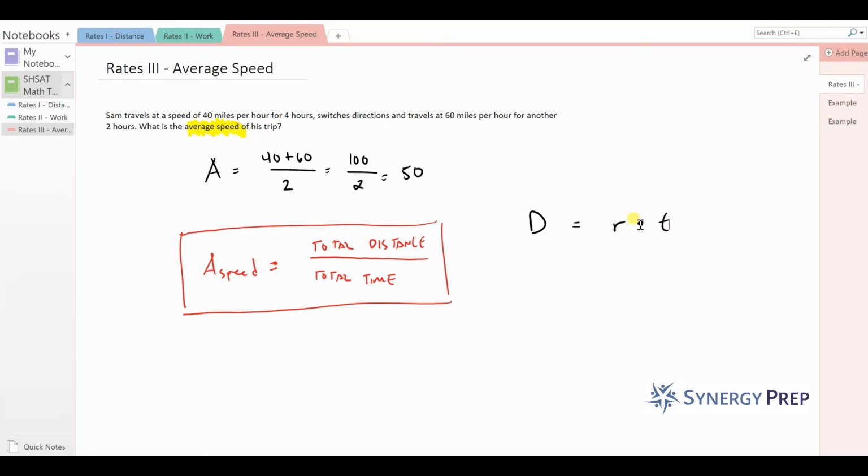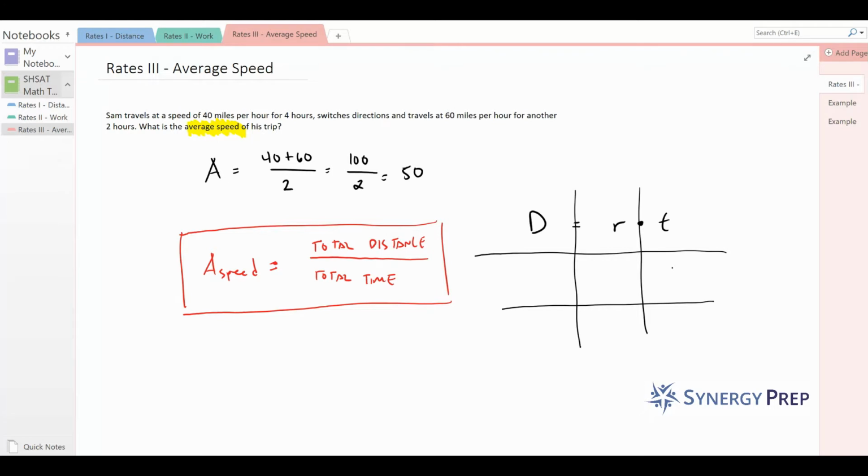A very helpful way of answering these questions is by creating something that I like to call the dirt table. It's a very easy way of looking at it, and it's basically like a tic-tac-toe, right? You have the breakdown of D, R, and T, and you essentially plug everything in.